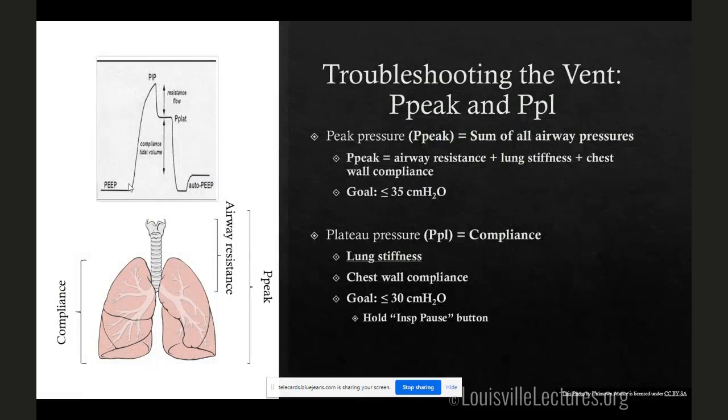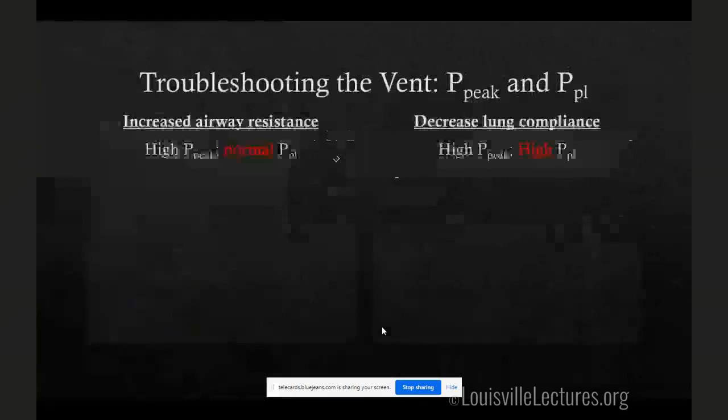The plateau pressure is a little different. Plateau pressure is when we have zero airway resistance, so zero flow, and we just get the lung stiffness and the chest wall compliance. Essentially it's how stiff are the lungs and how much can you stretch them before they snap. That limit, based on the ARDS-NET protocol, is less than 30. How do you get that number?